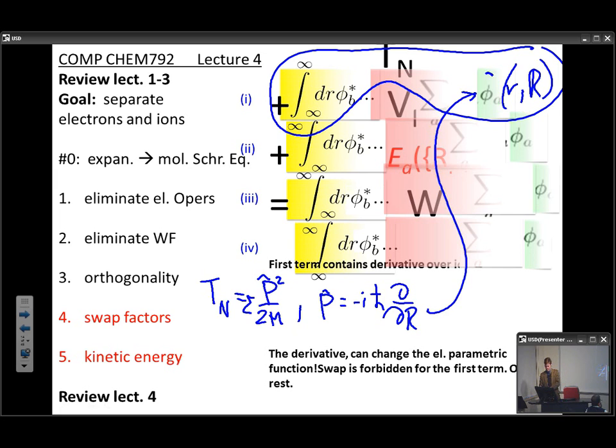We cannot put this wave function and this wave function together. We need to act by the kinetic energy operator first. And this will make some changes.